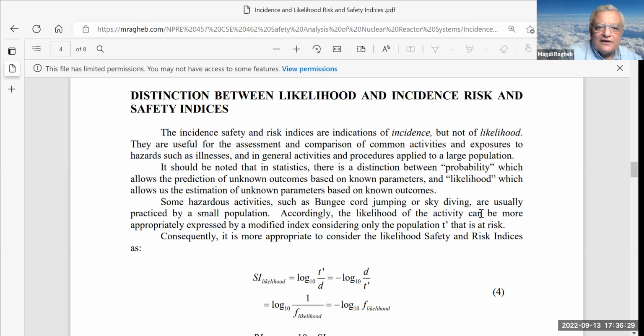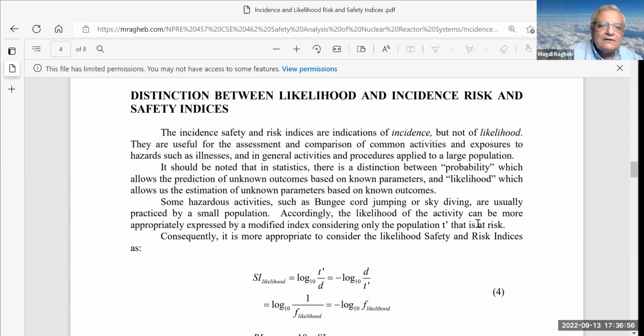The likelihood of the activity can be more appropriately expressed by a modified index that considers the size of the population, not the T in our original equation, but T prime, that would be the size of that limited population that is performing a certain type of activity, and basically the population that is at risk from the activity.